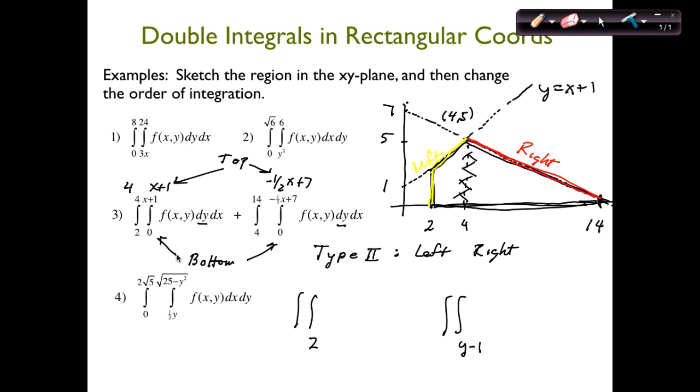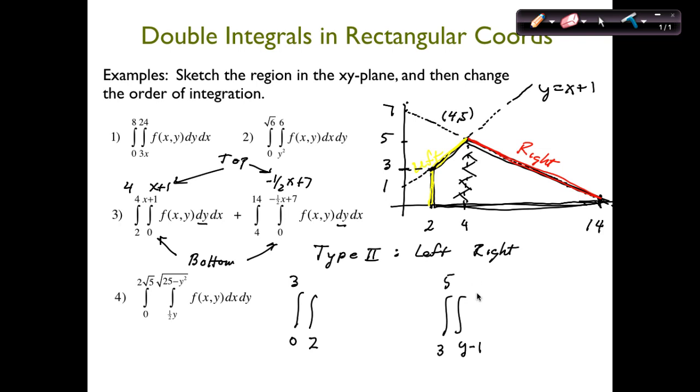For what y values is the left side 2? From 0 to, is this 3? So when y is from 0 to 3, that's when the left side is x equals 2. All right? And then when is the left side y minus 1? When y goes from 3 to 5.